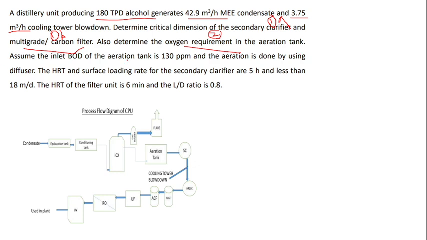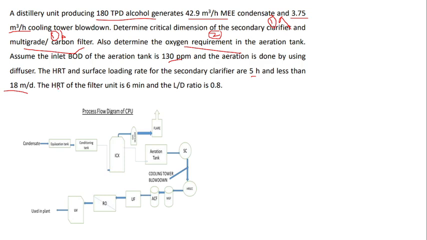Assuming the inlet BOD of the aeration tank is 130 ppm, aeration is done by using a diffuser, and the hydraulic retention time and surface loading rate for the secondary clarifier are given as 5 hours and less than 18 meter per day. So this is the data given.